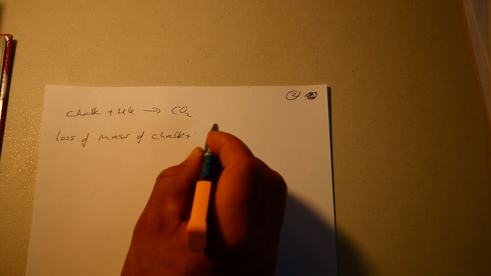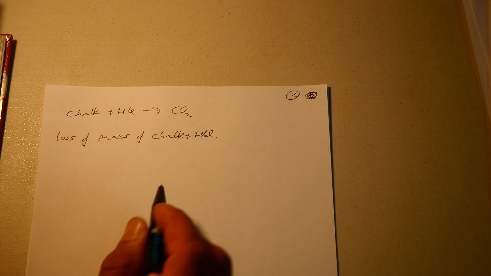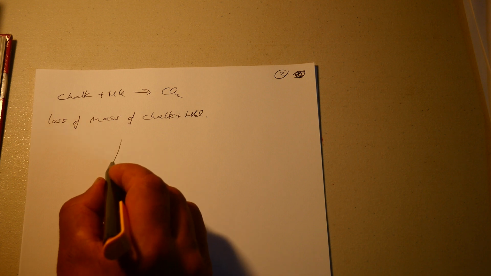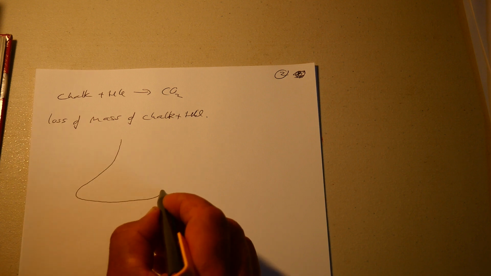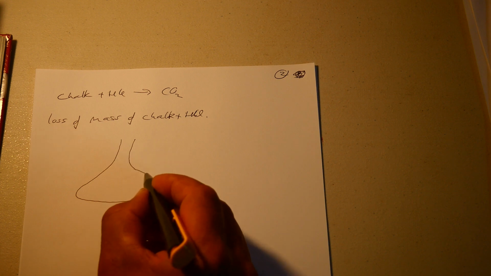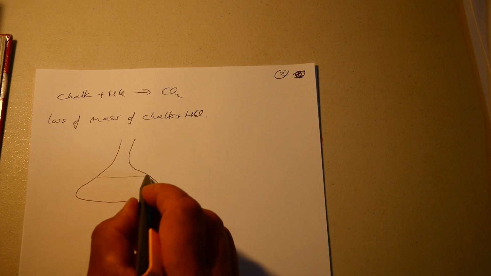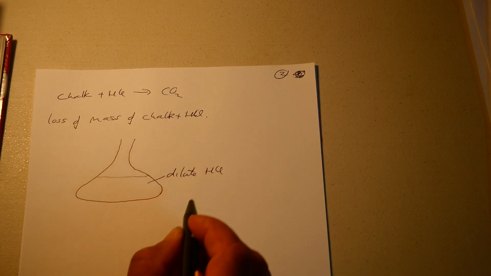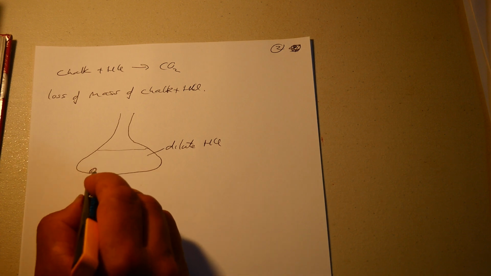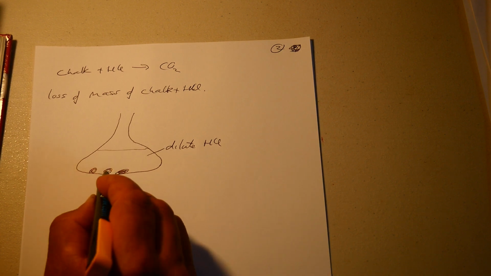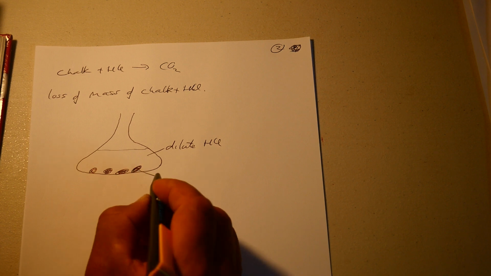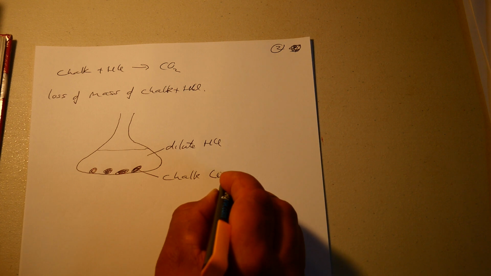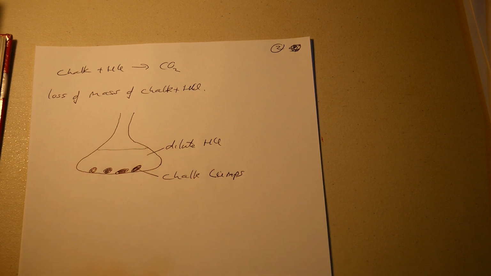Plus HCl. Okay. So the way this reacts is you have a beaker with dilute hydrochloric acid, and these are chalk lumps, okay?